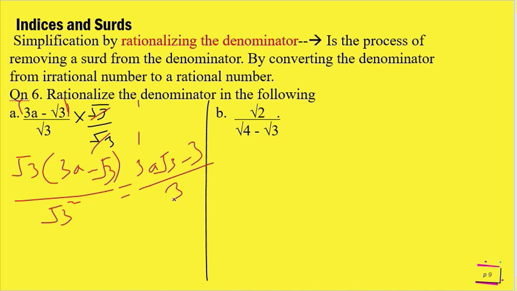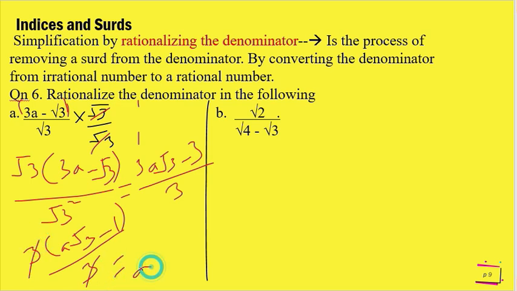Factor out 3 in the numerator, so you get 3 times a root 3 minus 1, over 3. Divide by 3, divide by 3, and the final answer is a root 3 minus 1.